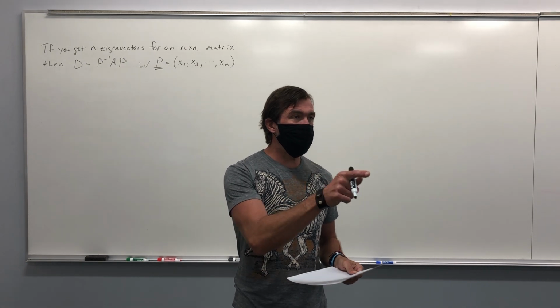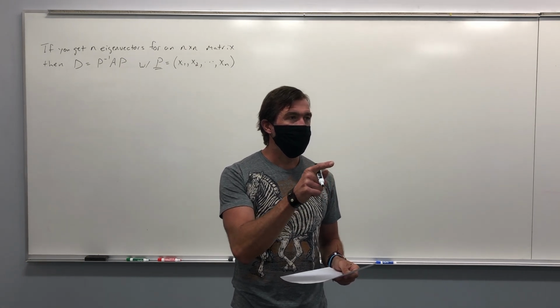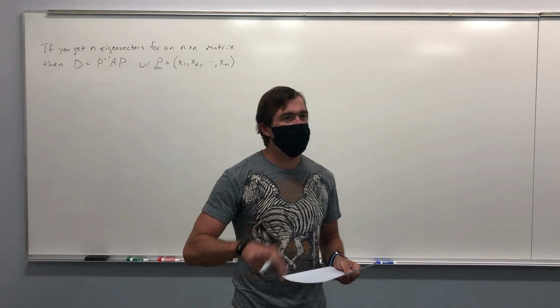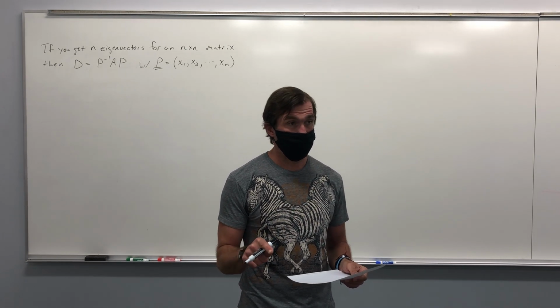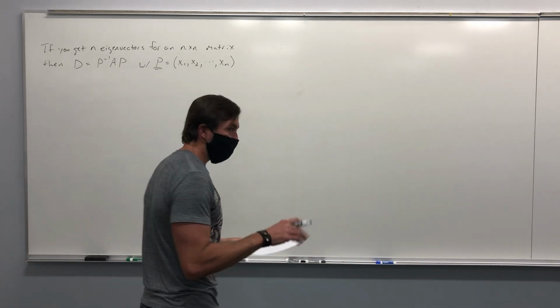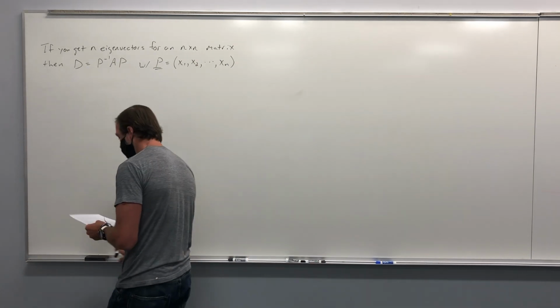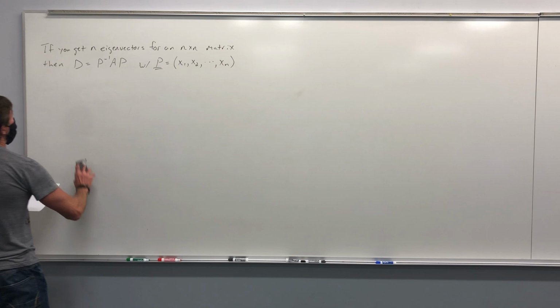Well, I'm going to answer the question, and in answering the question, and I think this is hilarious to read in the book, I'm going to give you something incredibly powerful. Okay? And we're going to spend some time proving it because it's so good. So here we go.